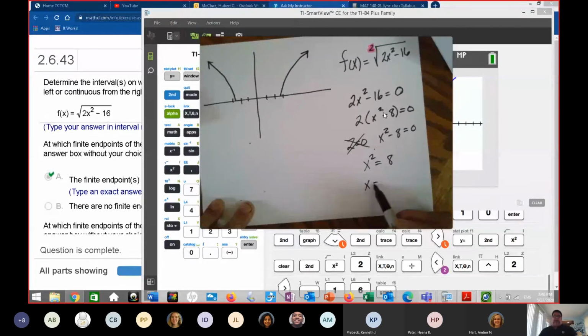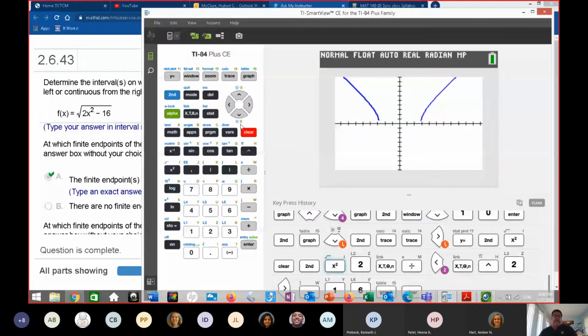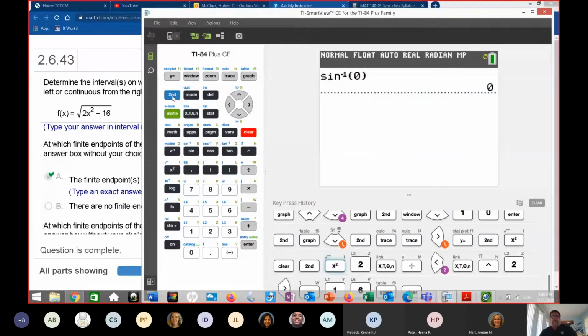Now, let's take our handy-dandy calculator and let's take the square root of 8. Second, square root of 8. Enter. 2.83. X is equal to 2.83. So that's 2.83 right here. And that's negative 2.83.